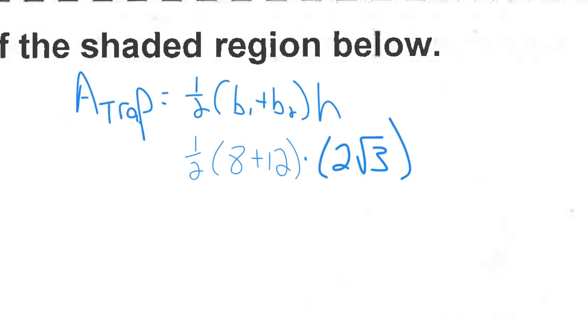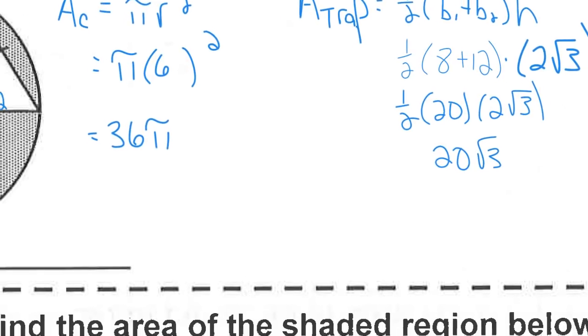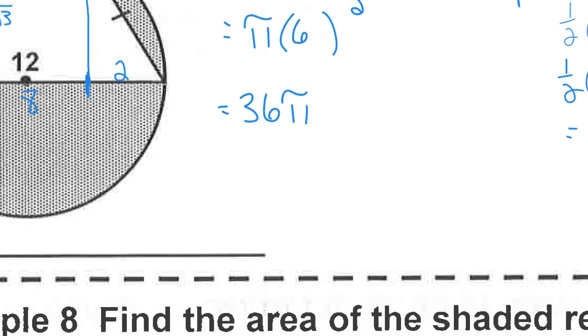So order of operations would say I'd do 1/2 times 20 times 2 square roots of 3. 20 times 2 would be 40, and half of 40 would be 20 square roots of 3. So now we've got the area of my trapezoid. Now big minus small would be 36 pi minus 20 square roots of 3 units squared.